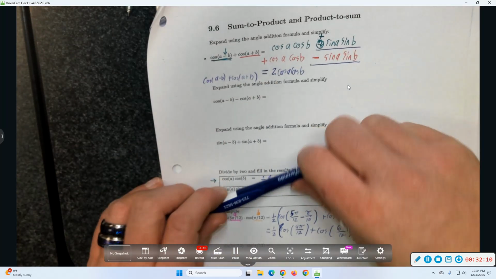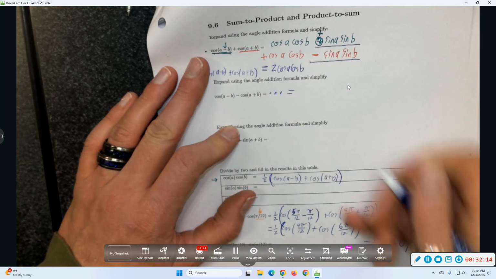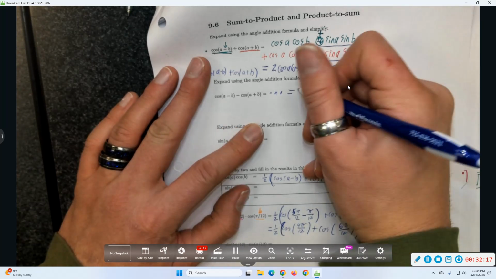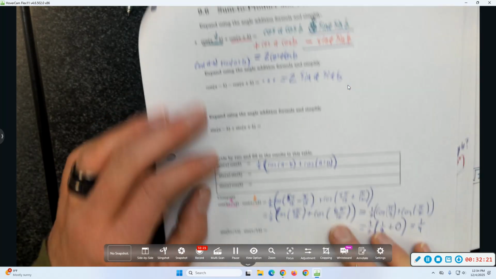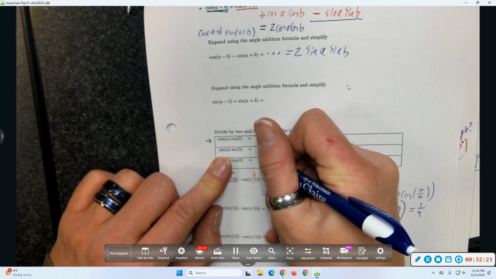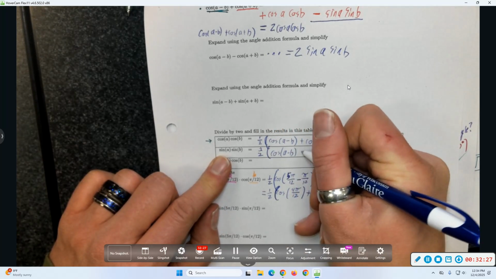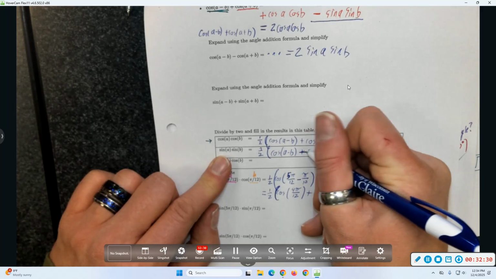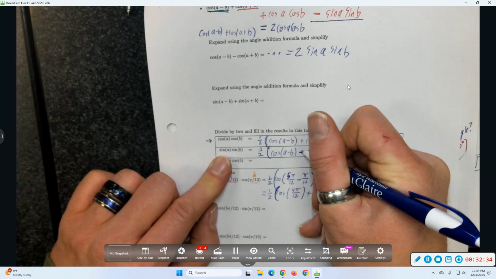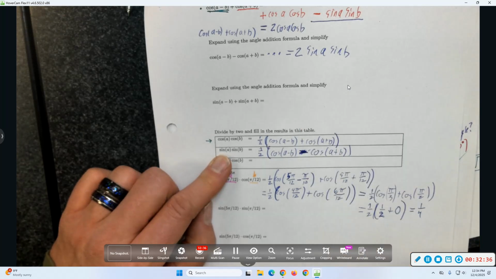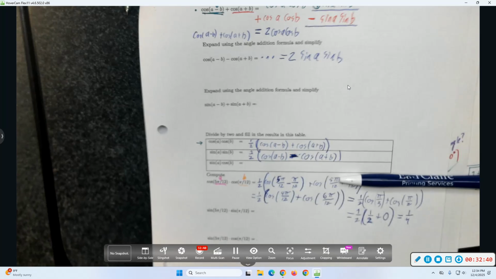You get 2 sine A sine B. So cosine A minus B minus cosine A plus B is 2 sine A sine B. So sine A sine B must be 1/2 cosine of A minus B, minus cosine of A plus B. Let's make that minus chunkier. Just a minus sign in between. Why do I ever use a non-erasable pen?